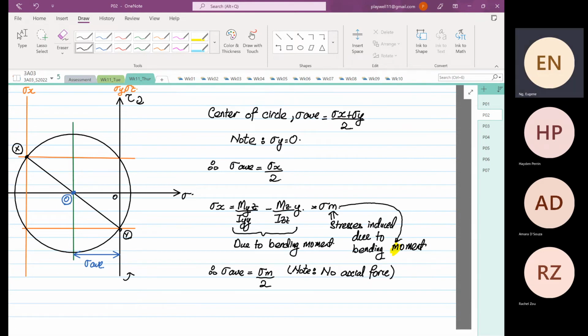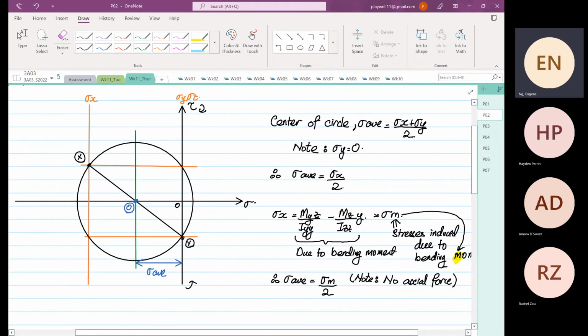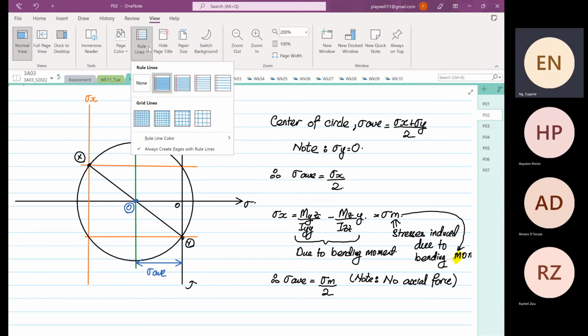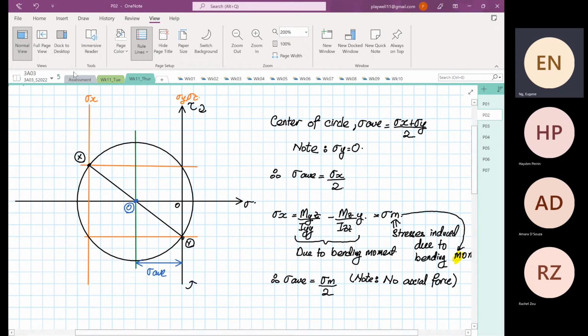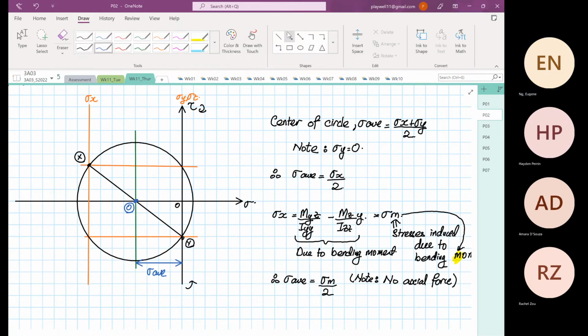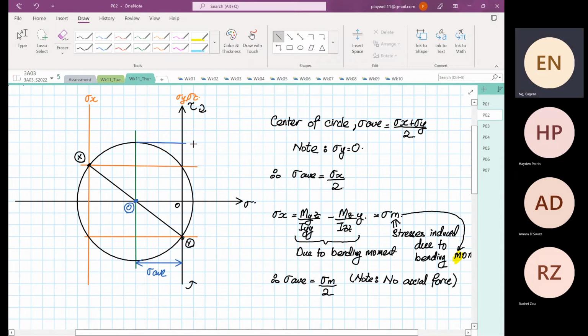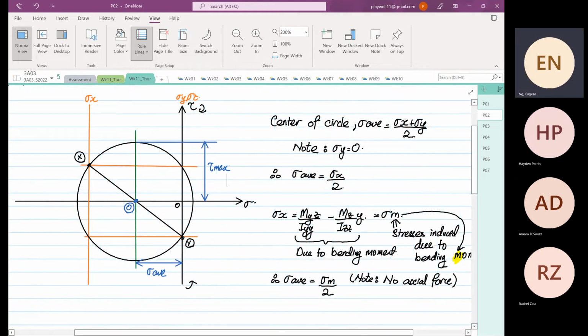Now, in terms of shaft design, if we look at our Mohr circle, we have to determine our tau max, and I'll tell you why very soon. So this over here is our tau max. To determine the tau max, the formula again is really straightforward, and you are really good at it now.